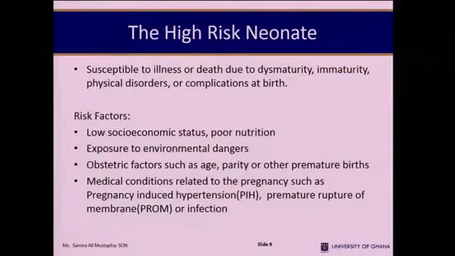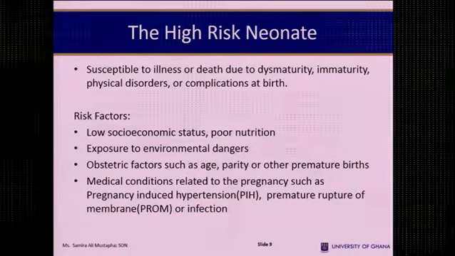work with it appropriately. It is also very important that we look at some risk factors, and this can be low socioeconomic status. We know that this is associated with poor nutrition, and it may also be associated with poor accommodation.